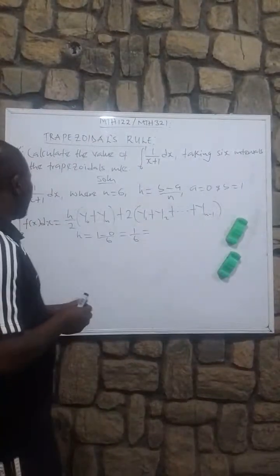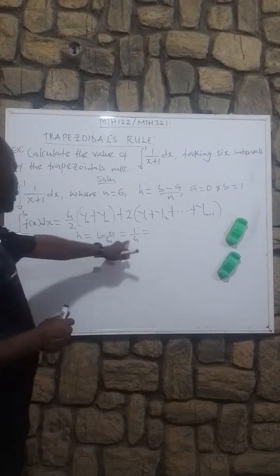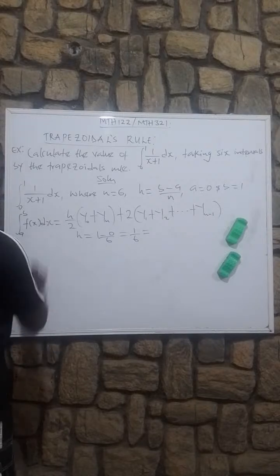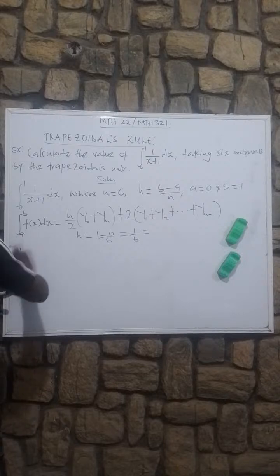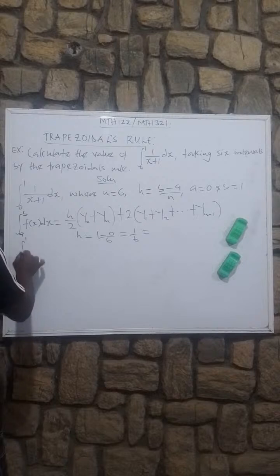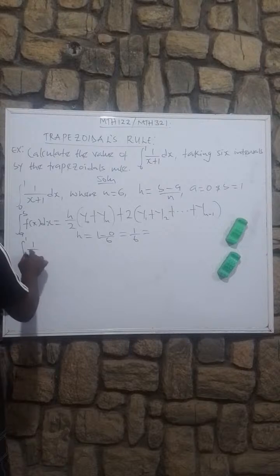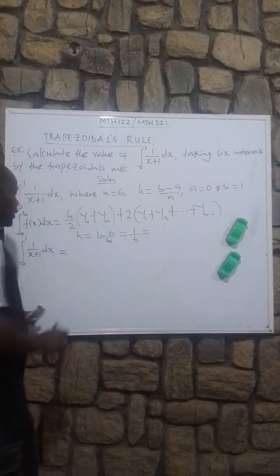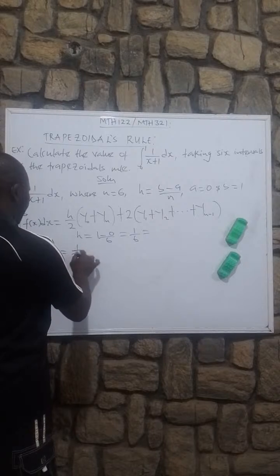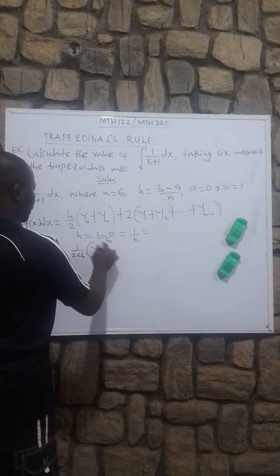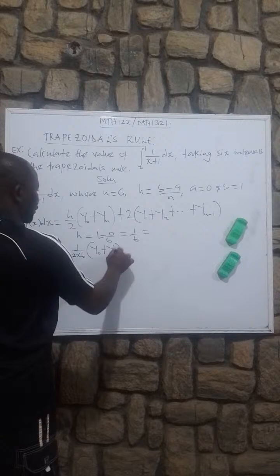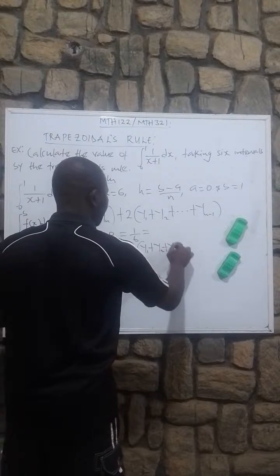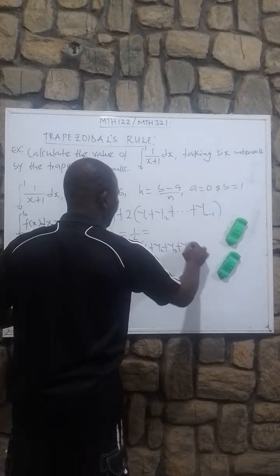We can leave it this way. It means the formula will now be the integral from 0 to 1, where f of x is 1 all over x plus 1, dx, will be equal to, h is 1 all over 6, so 1 all over 2 times 6, open bracket, y naught plus y6, then plus 2, open bracket, y1 plus y2 plus y3 plus y4 plus y5.